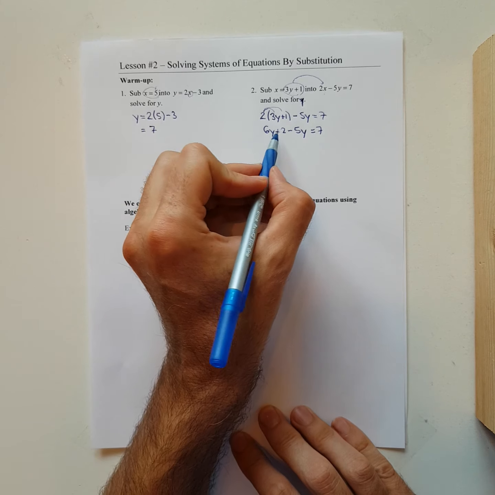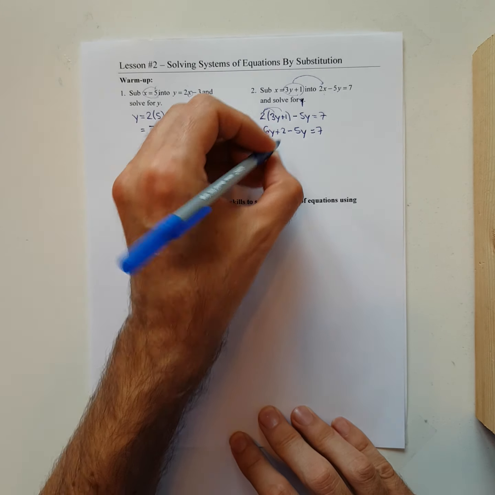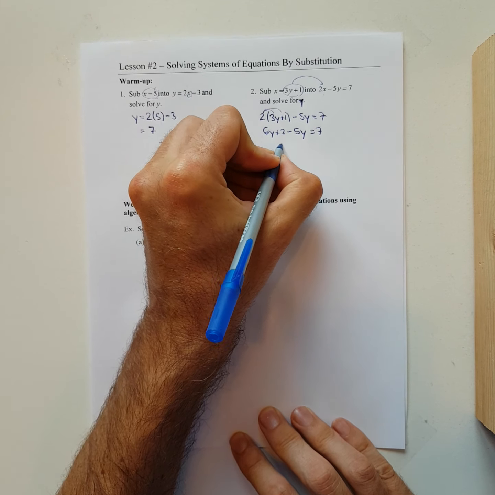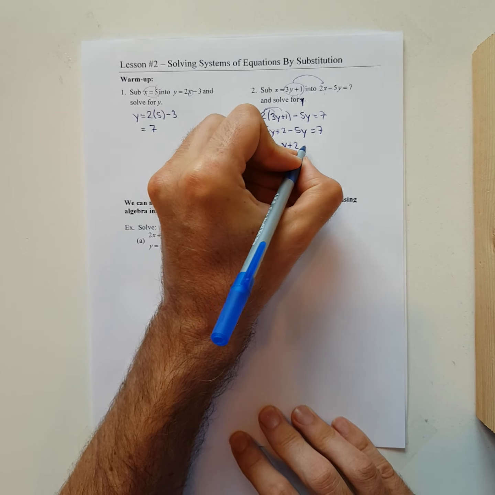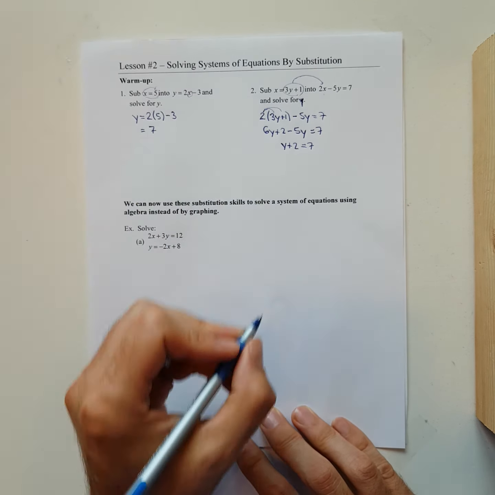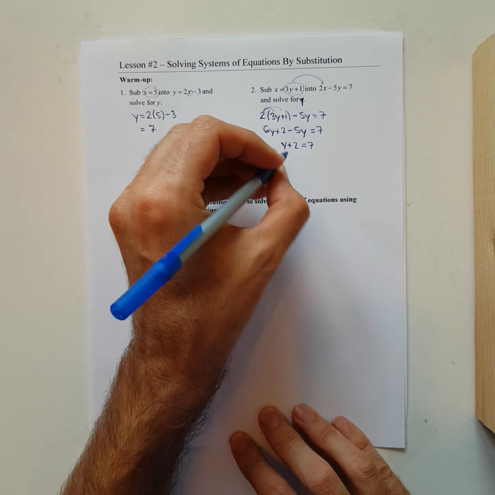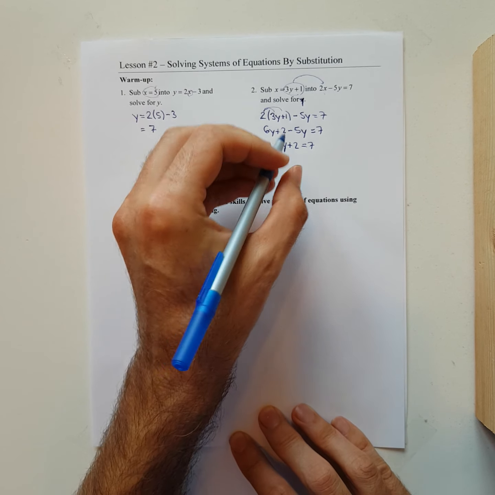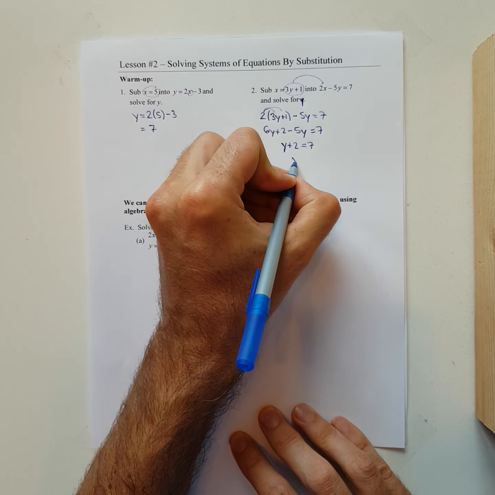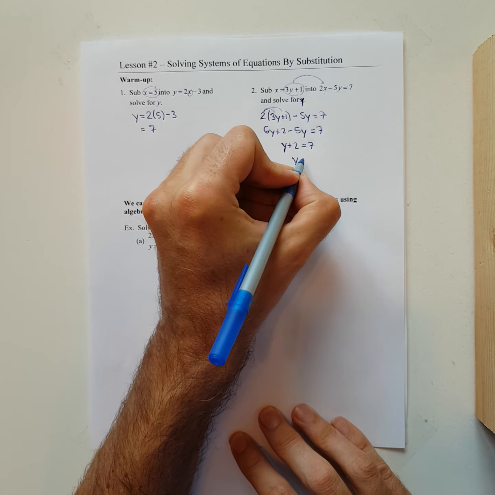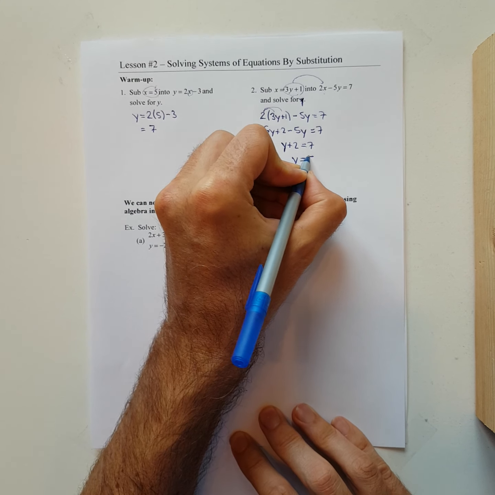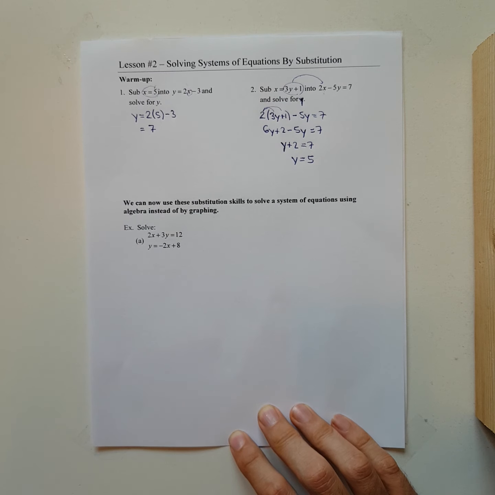Okay, before I start solving, I can actually simplify more on this side. So I'm going to say 6y minus 5y, that's y, plus 2 equals 7. And then just a quick step here in the end. This is why we reviewed equation solving earlier in our unit, because to get rid of adding 2, I'm going to subtract 2. So there's our answer.